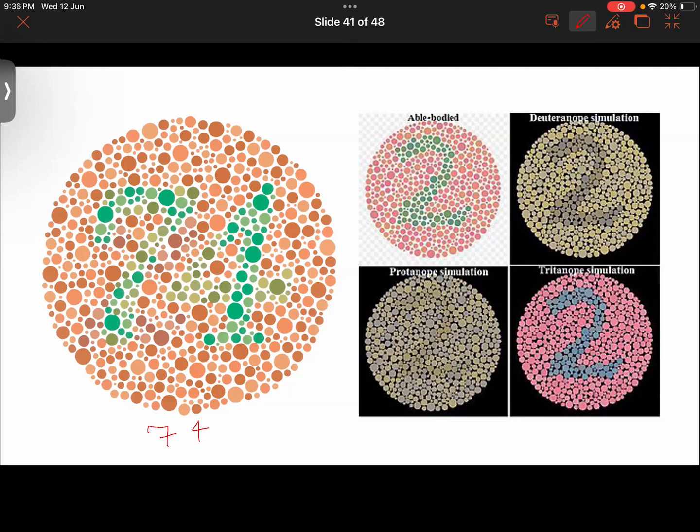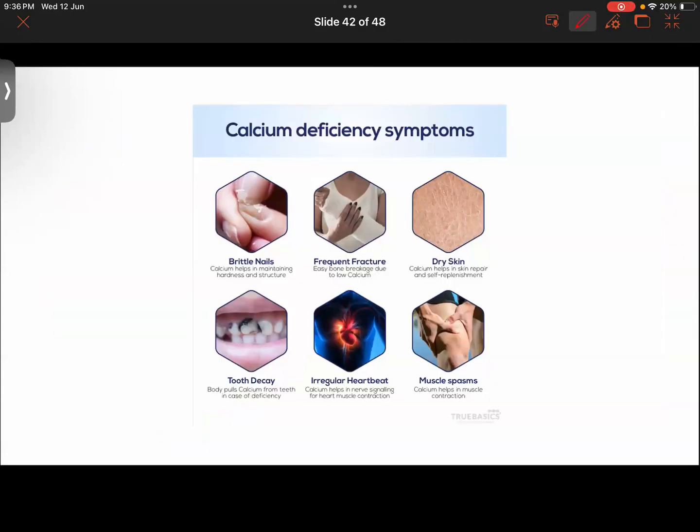See over here, that is 7, that is 4. What about this second image? All of them are 2. Okay, so your eyesight is very good.